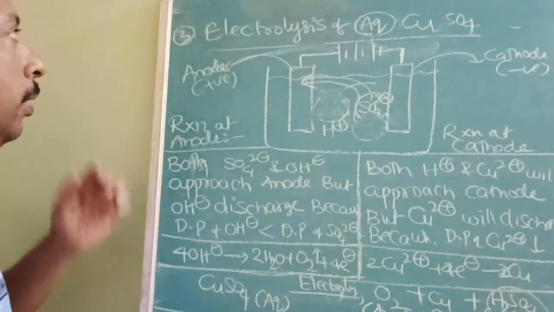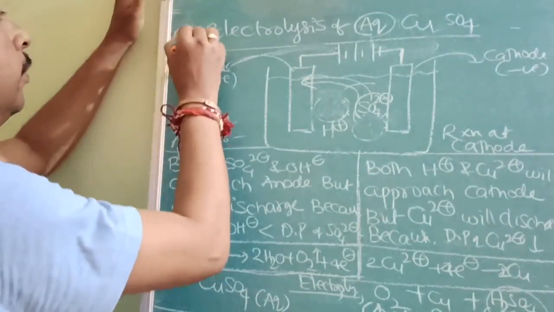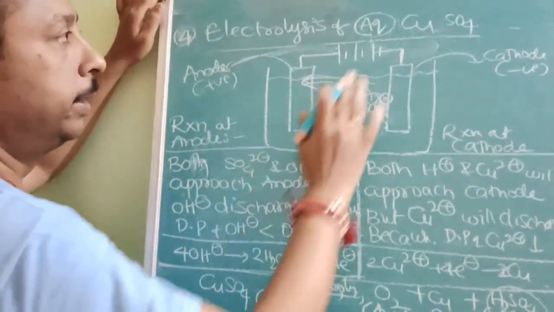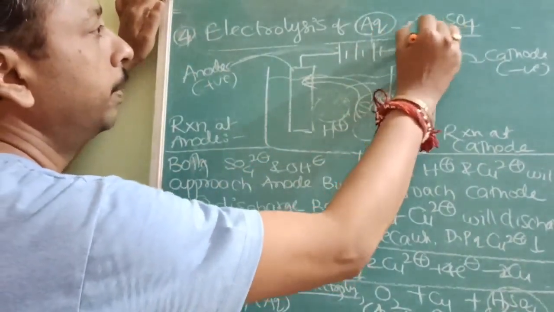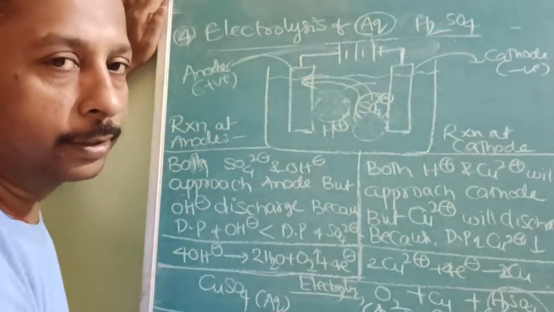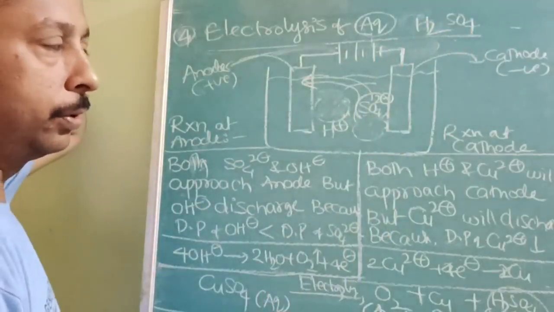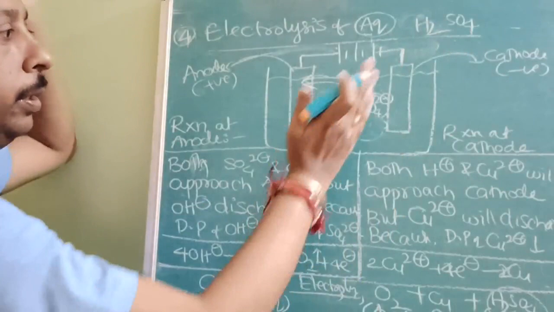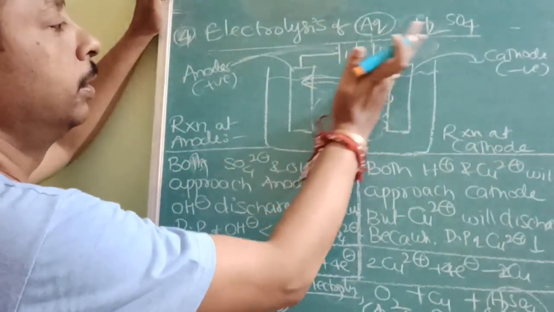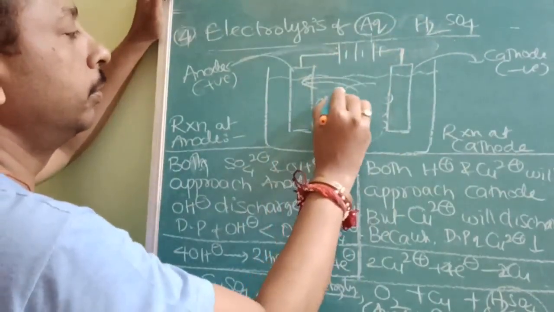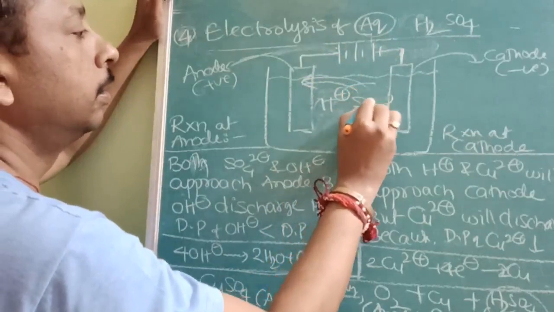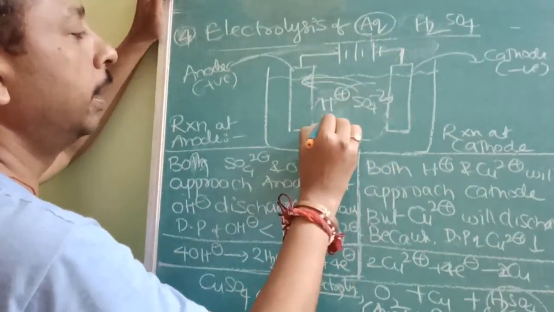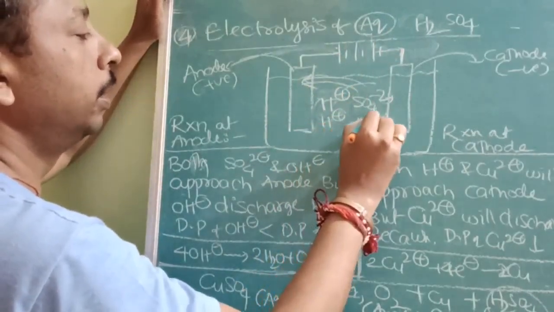Now the fourth example. I am taking the normal condition. There are some special conditions we will discuss in the next lecture. So here H2SO4 only. Now H2SO4 is going to be H plus, SO4 2 minus, H plus and OH minus.